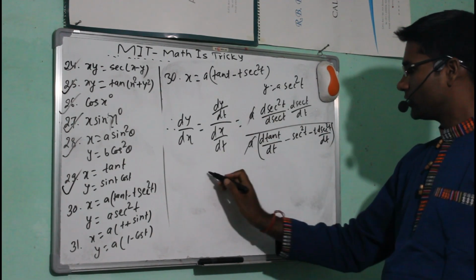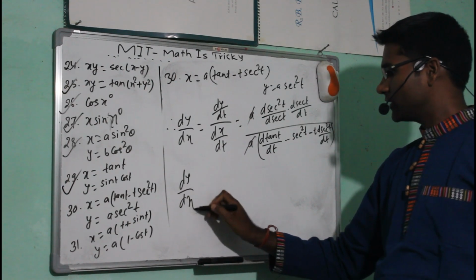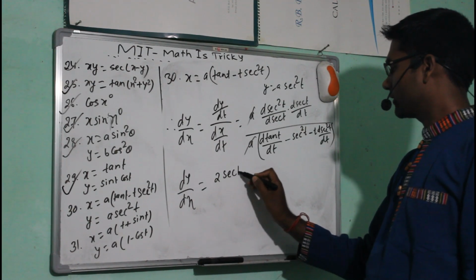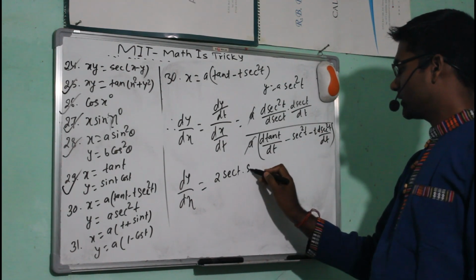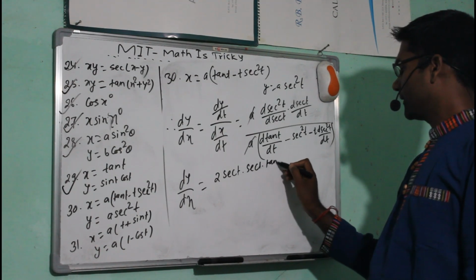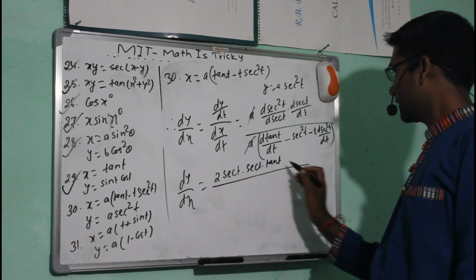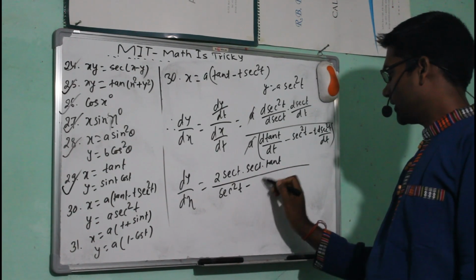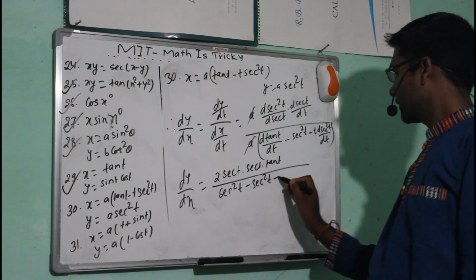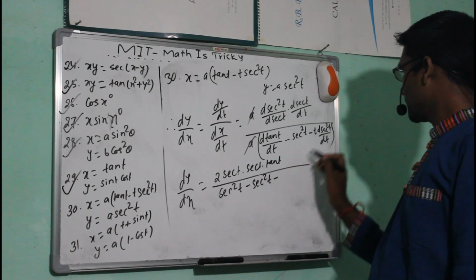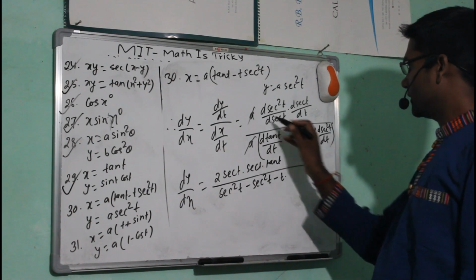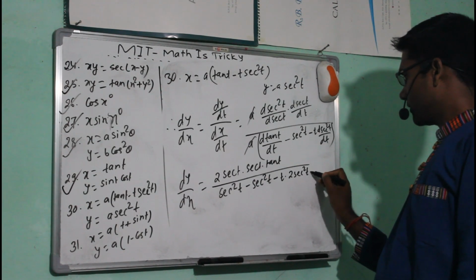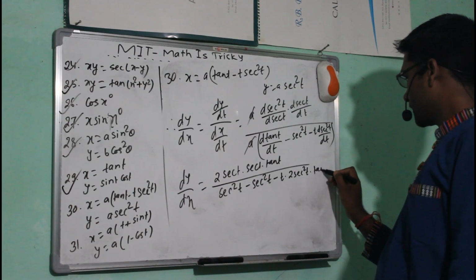Now a and a cancel, so dy by dx equals, if you simplify, 2 sec t, and the derivative of sec t is sec t tan t. The derivative of tan t is sec square t, minus sec square t times the derivative of sec square t, which is already calculated, so it is 2 sec square t tan t.